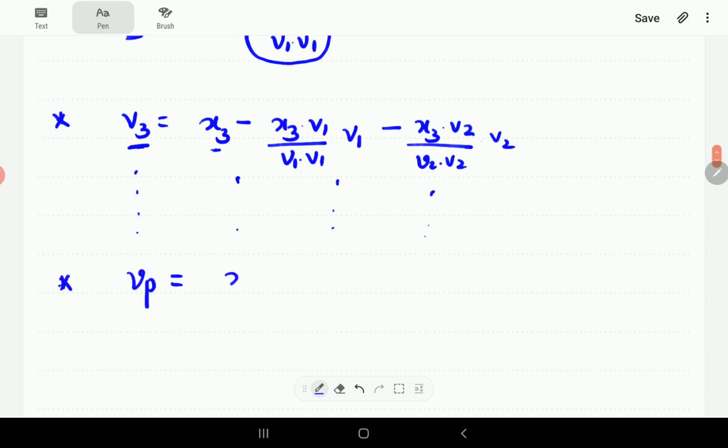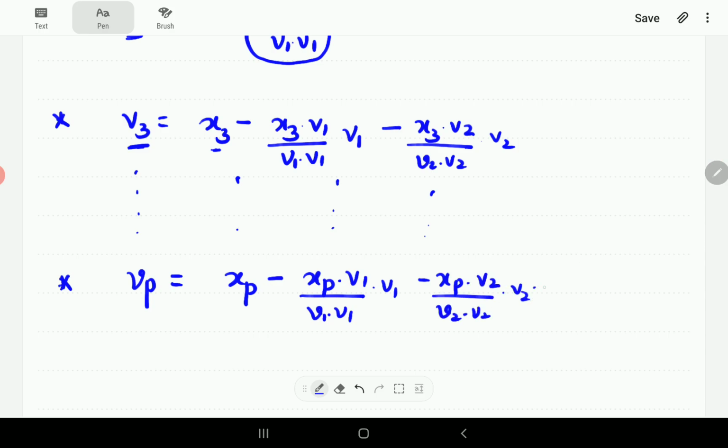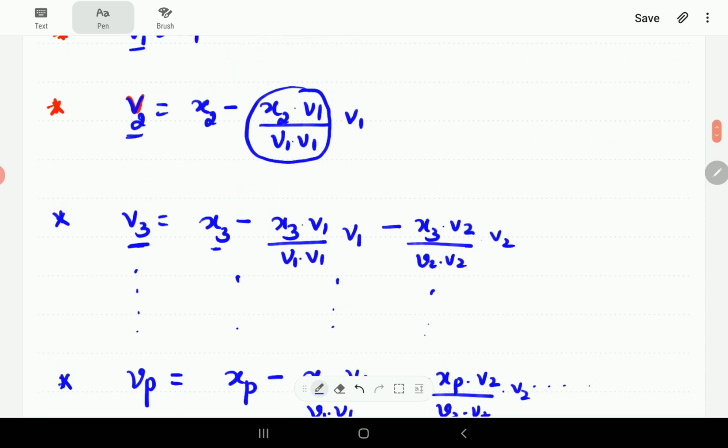That will be xp minus the projection of xp onto v1, (xp dot v1 upon v1 dot v1) into v1, minus (xp dot v2 upon v2 dot v2) into v2, and we have to continue this. If you observe carefully, when I want v3, I have gone up to x3 dot v2. When I want v2, I have gone up to x2 dot v1.